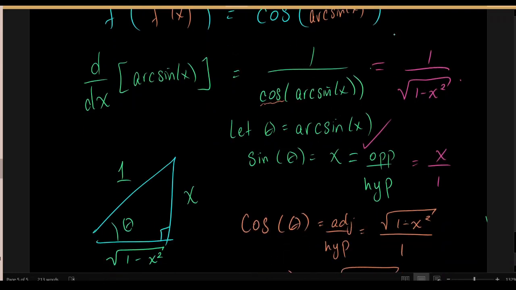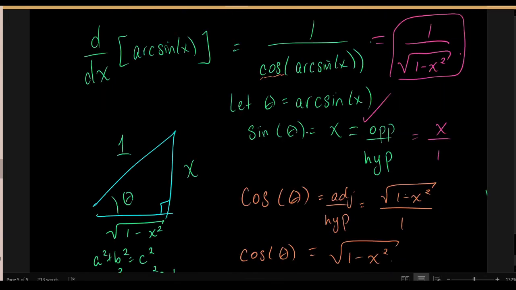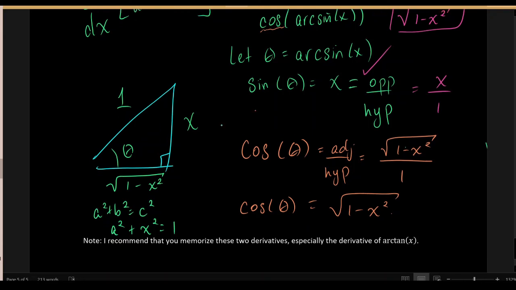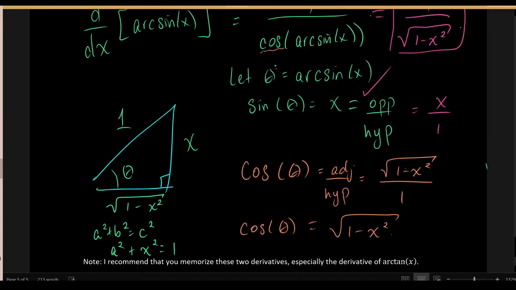Simplify the result ideally to something that doesn't have any trig functions in it anymore. I do this usually by nicknaming theta, letting theta represent the output of the inverse trig function, filling out a right triangle based on that setup, and then using that right triangle to figure out what cosine of arcsine would be, secant of arctangent, etc.